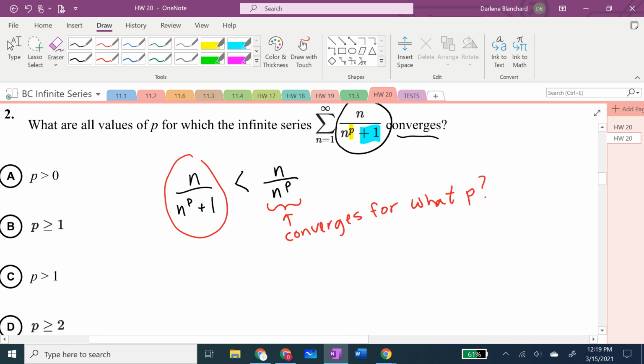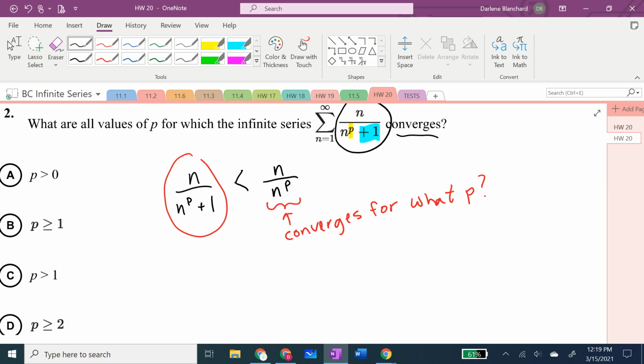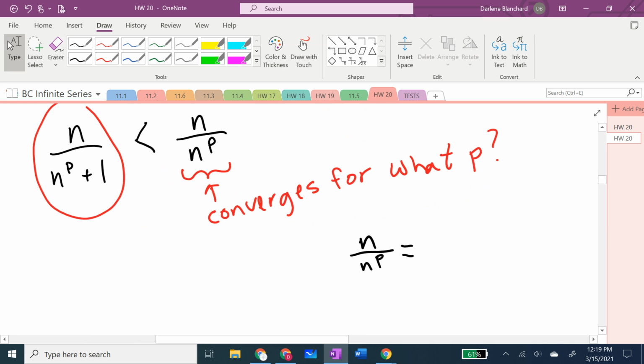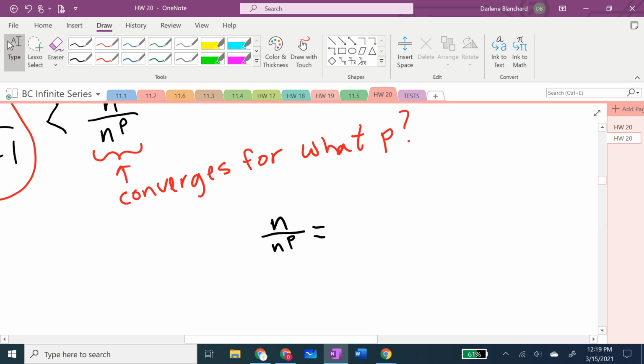So once you realize you need to compare it to n over n to the p, then you want to use your exponent rules. Now in this kind of situation, I prefer to use my exponent rules backward. In other words, the bottom exponent minus the top exponent creates the bottom exponent.